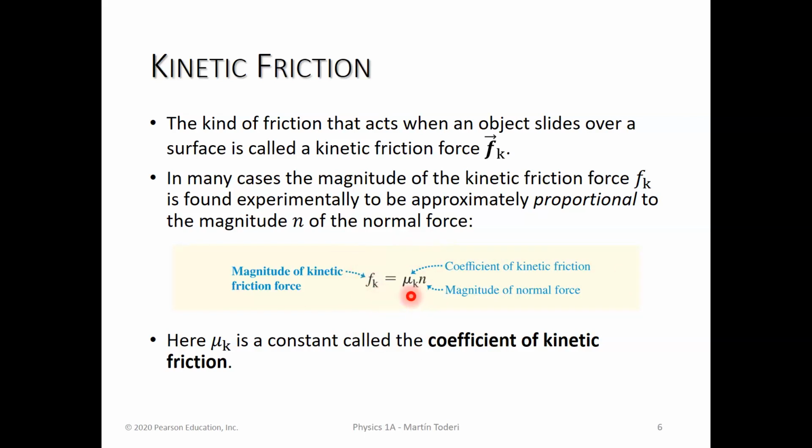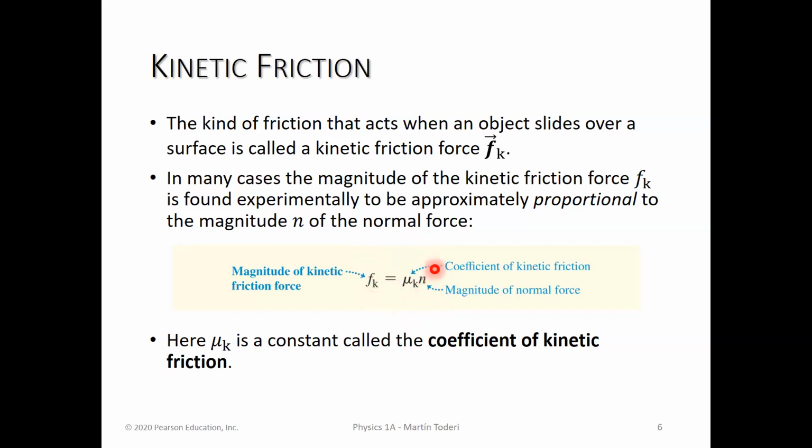We have mu, which I mentioned a couple of times before when we said that with a frictionless plane, mu was 0, so no friction. If you have no mu, you have no friction. That's straightforward from this equation. So mu, which is a number, multiplied by N, the magnitude of the normal force, gives us the kinetic force.